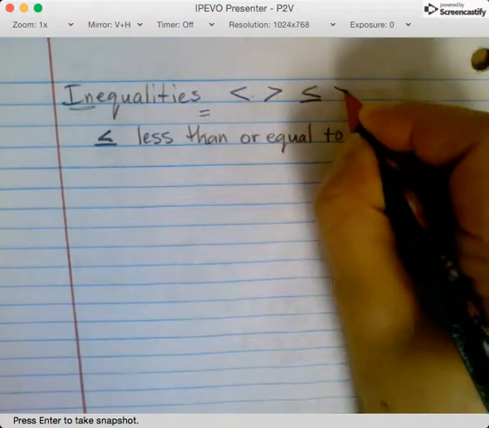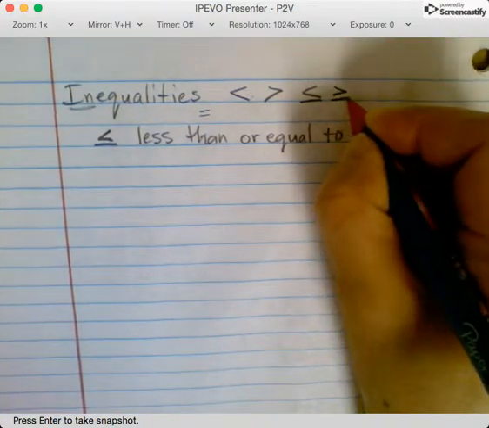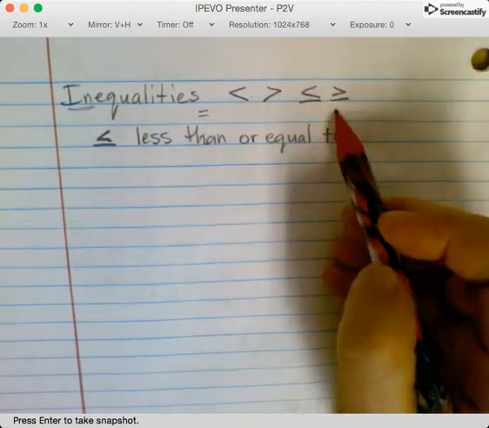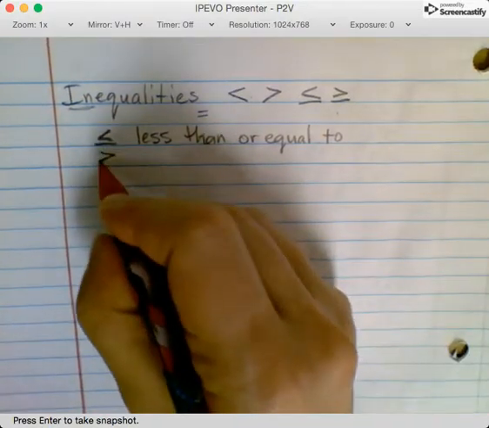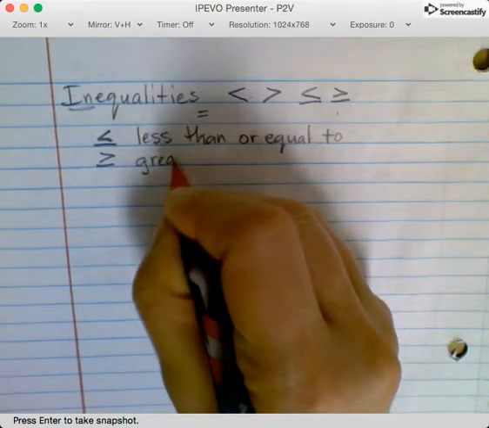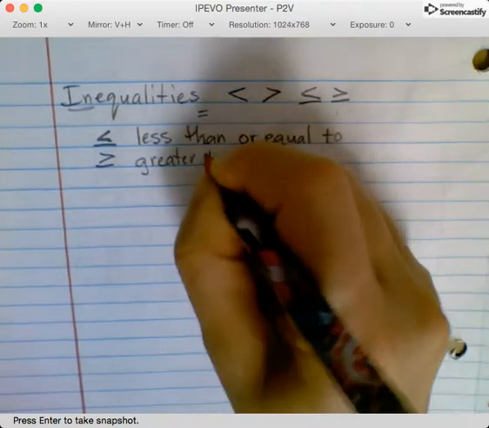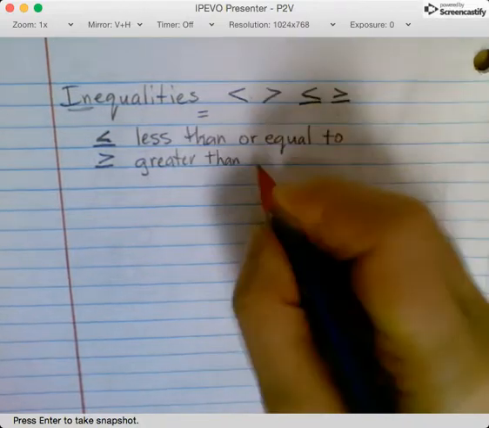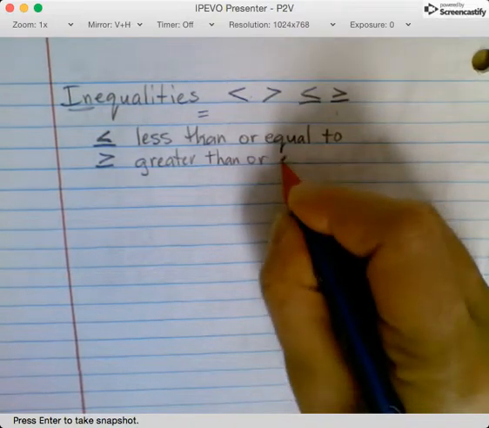Then the next one kind of goes with that. We have our greater than with a line under it. That one is greater than or equal to.